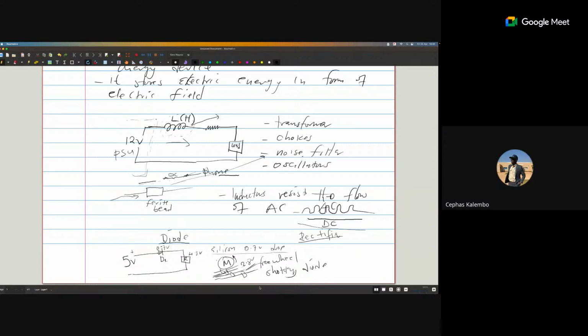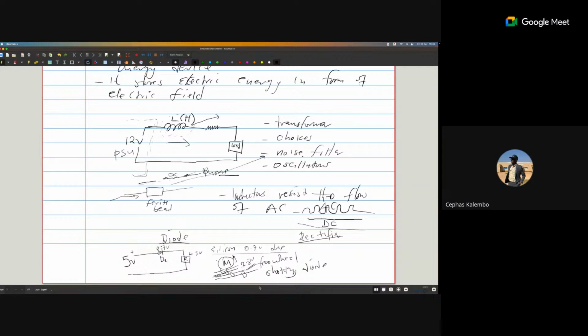If this was our load connected here, what you're going to see is that AC looks like this. You'll have that, and that. That's a representation of AC.